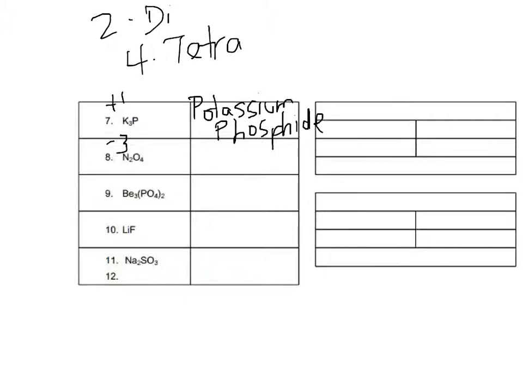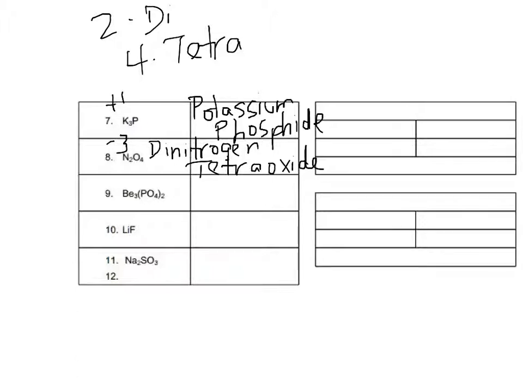So the name of number 8 would be dinitrogen tetraoxide. And just like for ionic compounds, we change the ending to "ide."